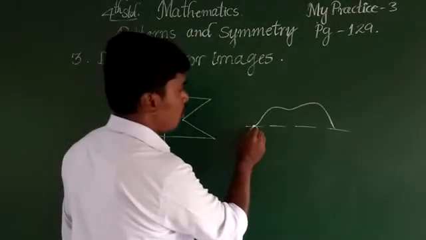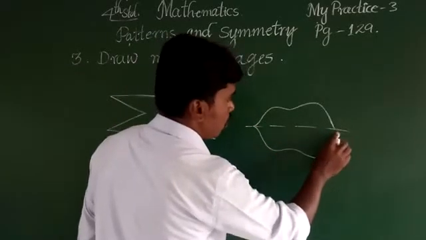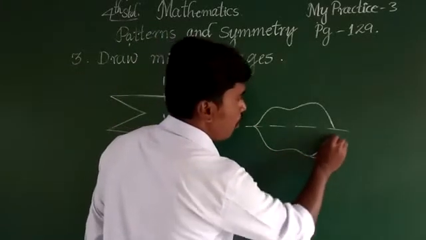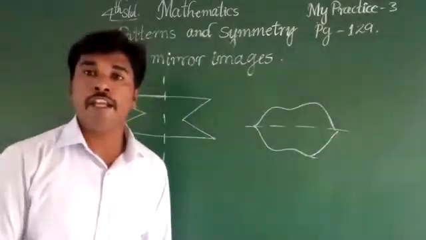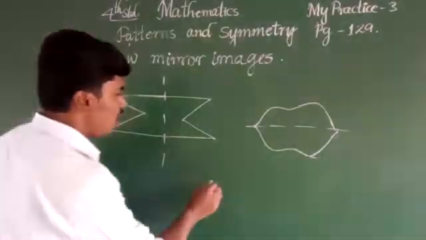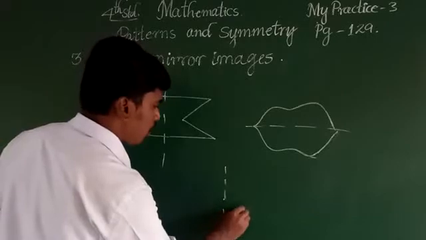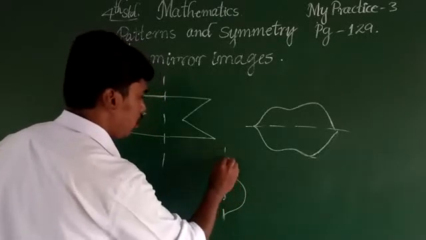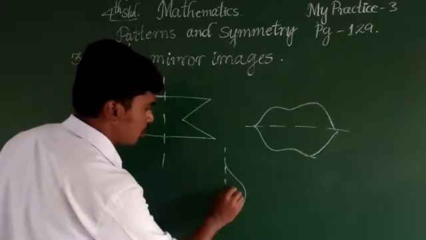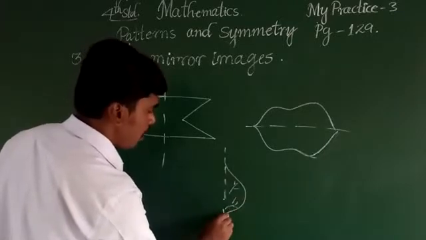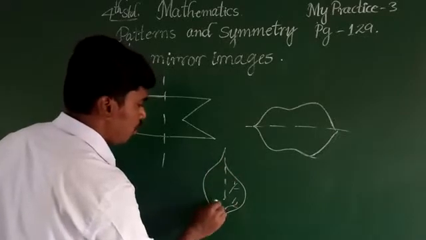Here also, at the bottom, it should be in the shape of the same figure. Then only we say that it is a mirror image. Suppose you are drawing a leaf, in the same shape, on the other side also draw the leaf.